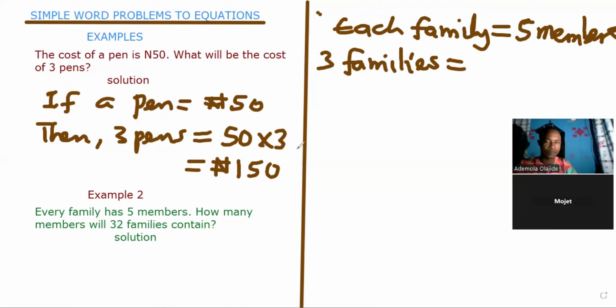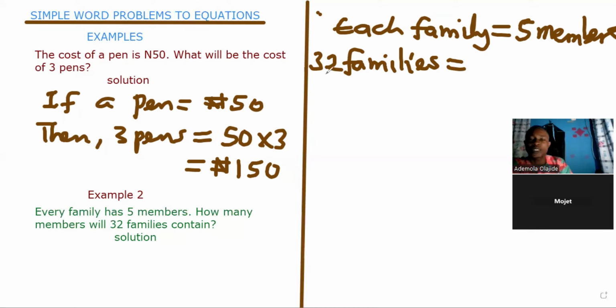Oh, sorry. It's for 32 families, not 3. What are we going to do to get for 32? We are going to divide.